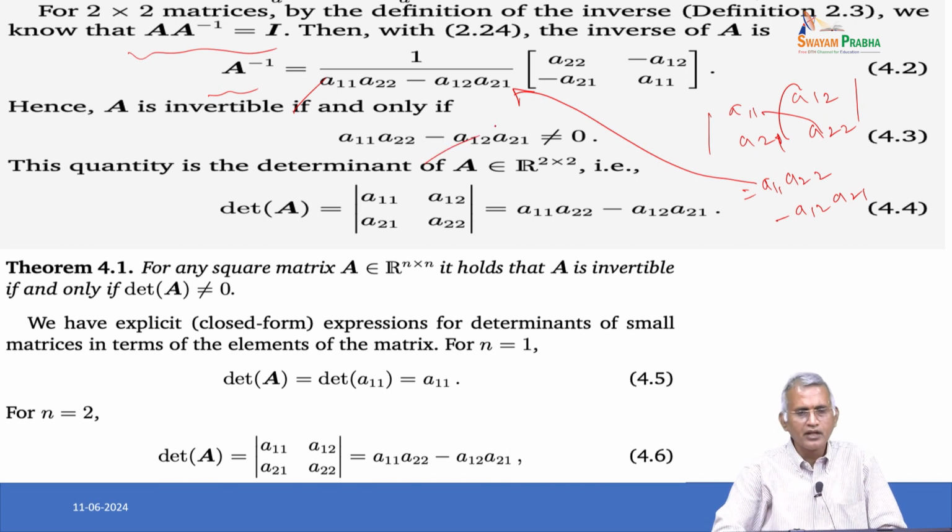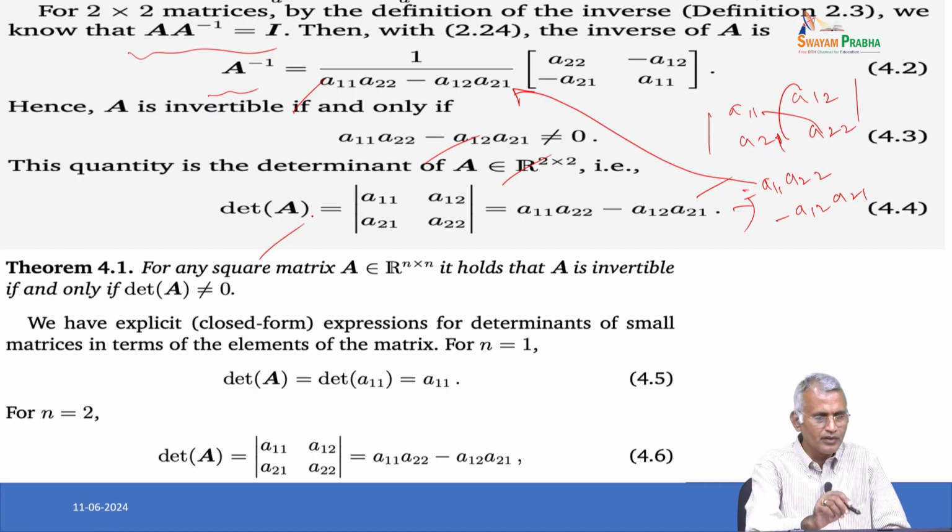So, the determinant of A in R power 2 cross 2, with entries A11, A12, A21, A22, is A11 A22 minus A12 into A21. This is what I have written here. You have to know this, then we can move to the next step.